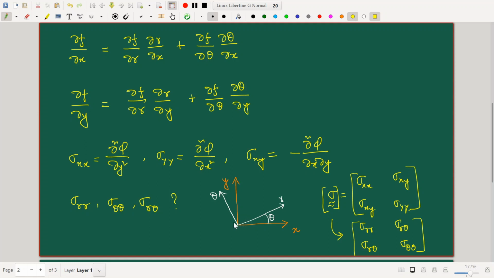And similarly for the second row, we have this angle and this angle to take care of: this entire angle that theta makes with the x-axis, 90 degree plus theta, and this theta angle that makes with the y-axis. So that's how we obtain the minus sin theta and cos theta.